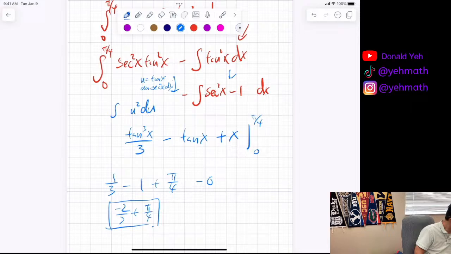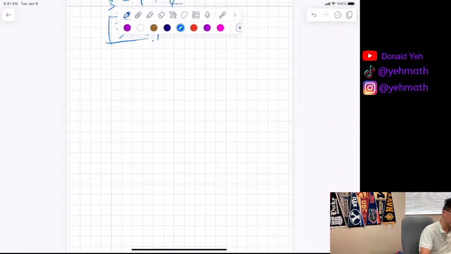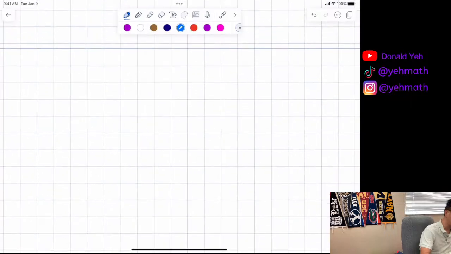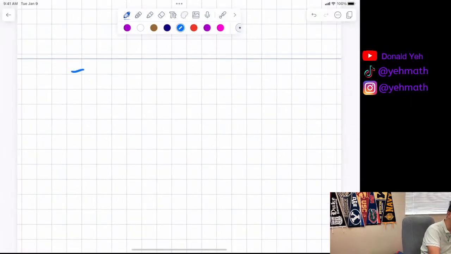I factored out secant squared x from these two terms. Then I split the 2. Now I get to the hard part. You sub here. So this is the hardest part of the trick, the integration.